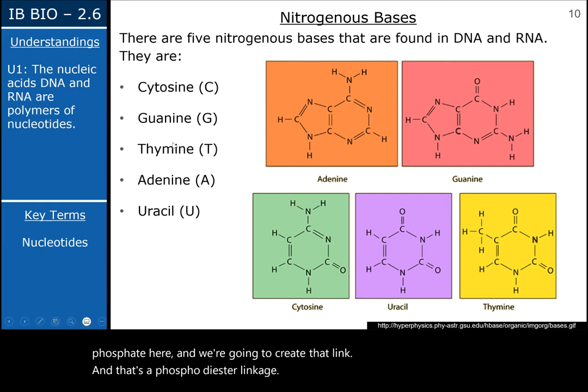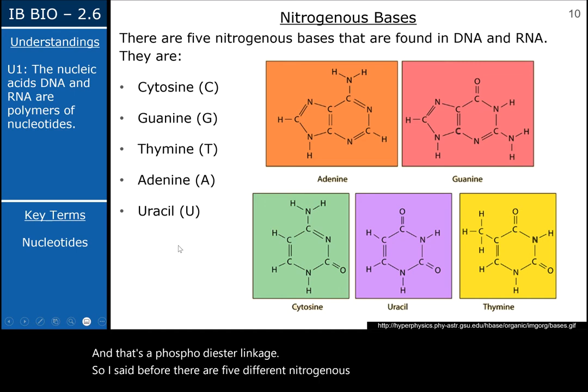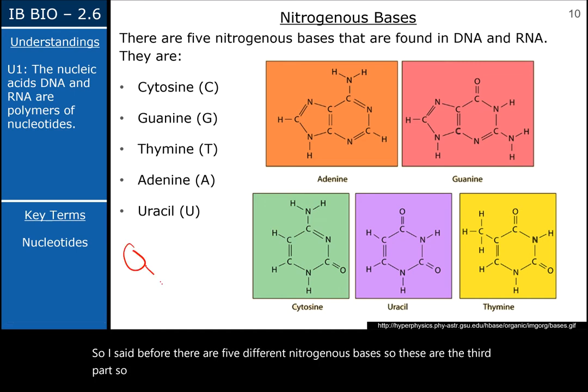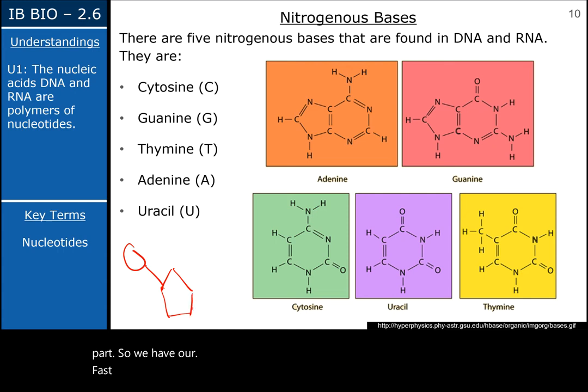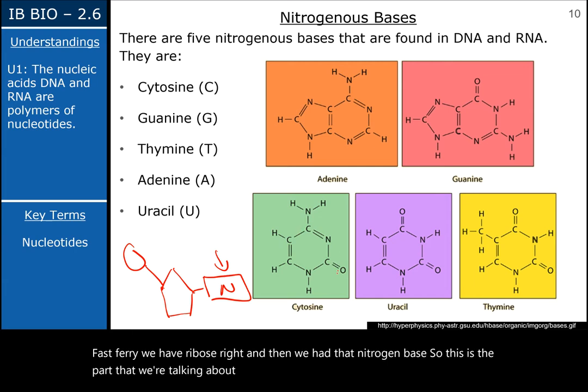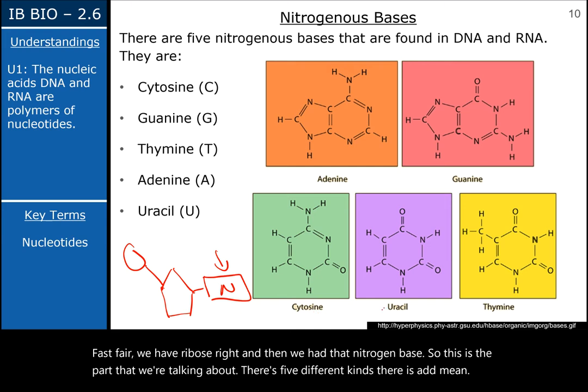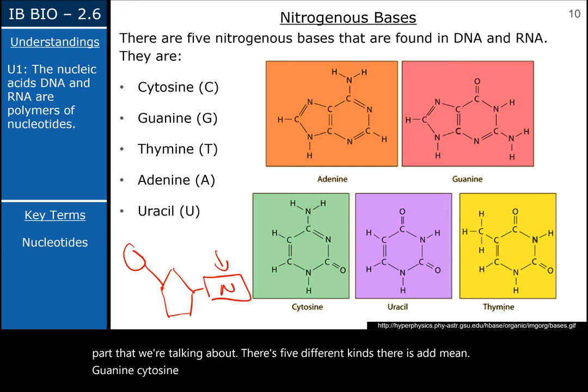So I said before, there are 5 different nitrogenous bases. So these are the third part. So we have our phosphate, we have our ribose, right? And then we had that nitrogen base. So this is the part that we're talking about. There's 5 different kinds. There's adenine, guanine, cytosine, uracil, and thymine.